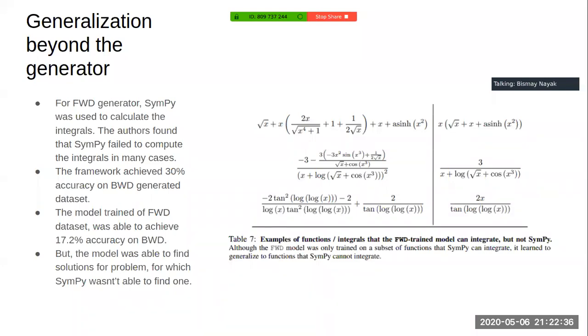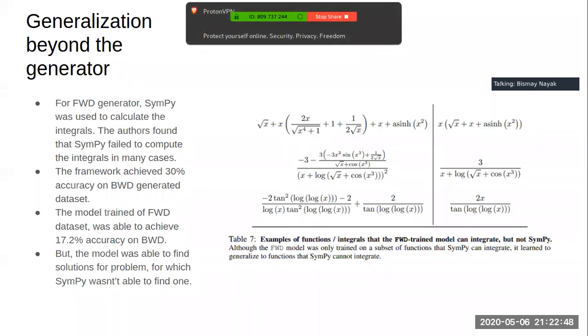SymPy failed to compute many cases when they tried to generate the forward cases, right? They also tested SymPy against the backward data set that they had created, and saw that SymPy was only able to achieve around 30% accuracy in that case.